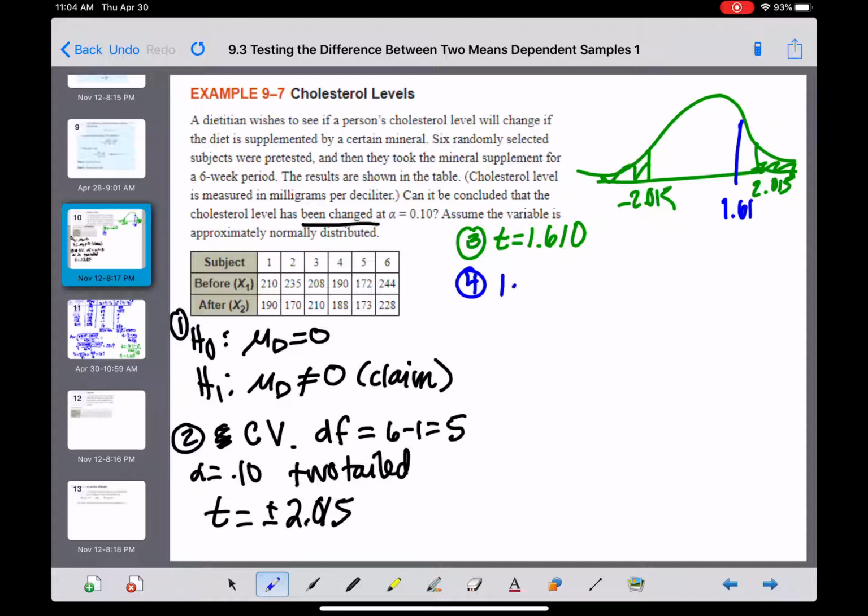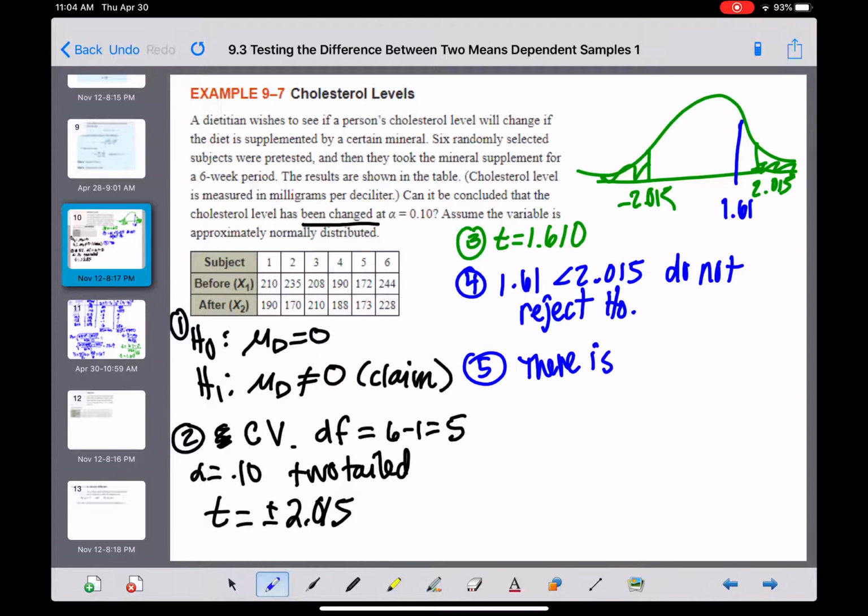So 1.61 is less than 2.015, so do not reject H naught. And then our last step is there is not enough evidence to support the claim.